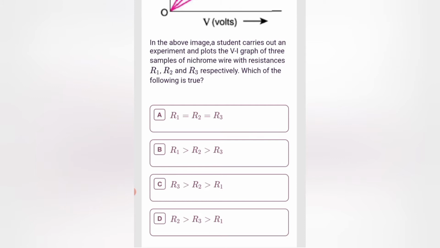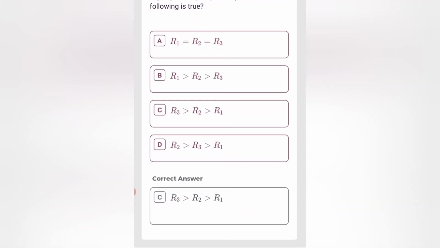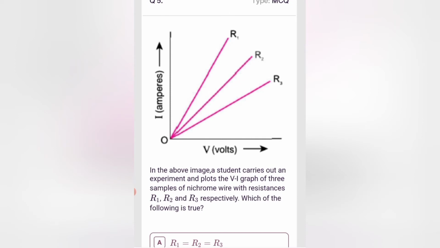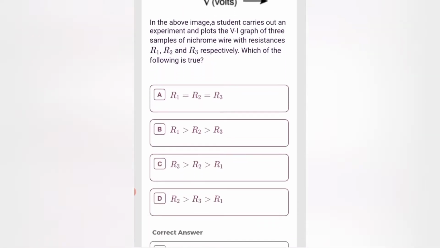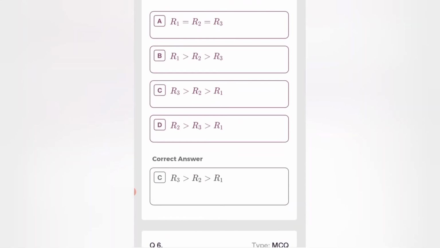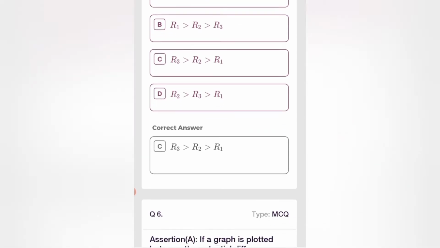So option C will be correct. Option 4, R2 is greater than R3, R3 is greater than R1. No. So option C is the correct answer. Here R3 has more resistance, R2 less. So R3 is greater than R2 is greater than R1.